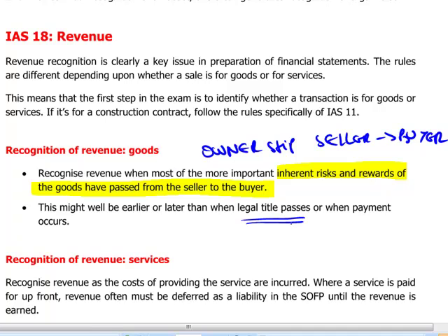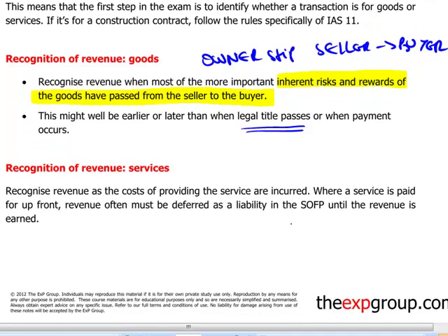With respect to services, the revenue should be recognized by stage of completion. I would call it, in simple words, stage of completion. And all the other criteria that I talked about when we mentioned sale of goods should still be there.